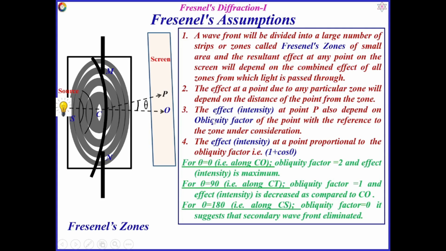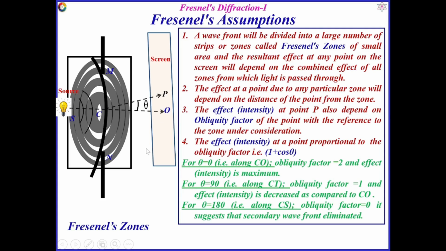The third one is that the effect or the intensity at point P or any point P on the screen also depends on the obliquity factor of the point with reference to the zone under consideration. Suppose this is the point where we want to calculate the intensity or effect.